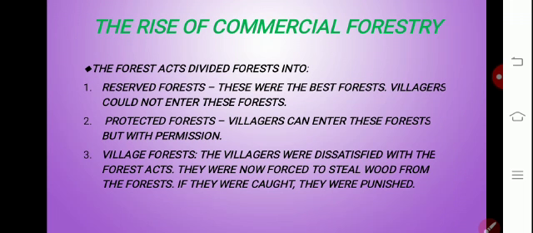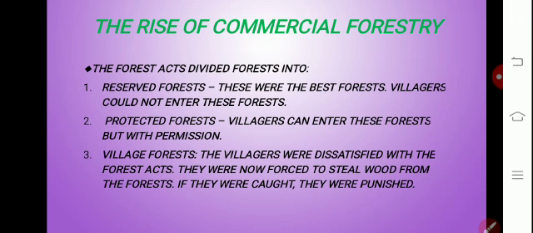Village forest means here people were allowed to live, but in those forests, people were suffering from many problems because the things which they needed were not available in those forests. Because of the Forest Act, they were now forced to steal wood from the forest.